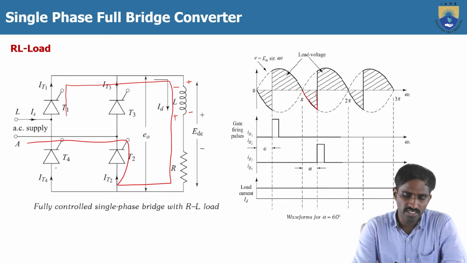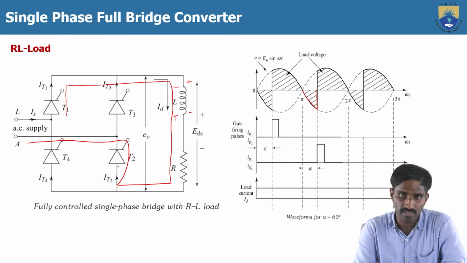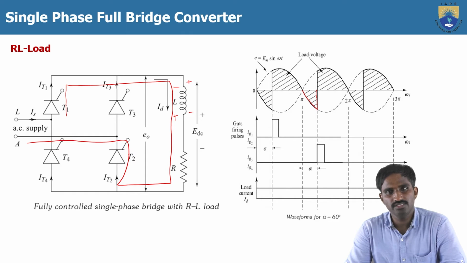When the thyristors T3 and T4 are turned on, T1 and T2 will immediately get turned off. As we know from the commutation techniques we have discussed, to turn off a thyristor we must apply some amount of reverse biased voltage.